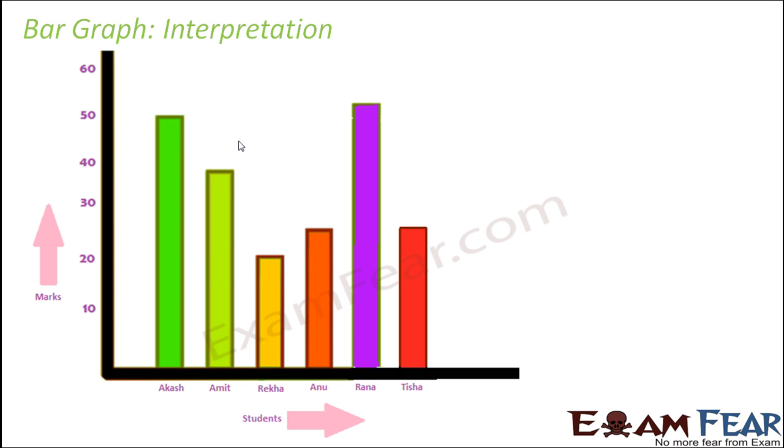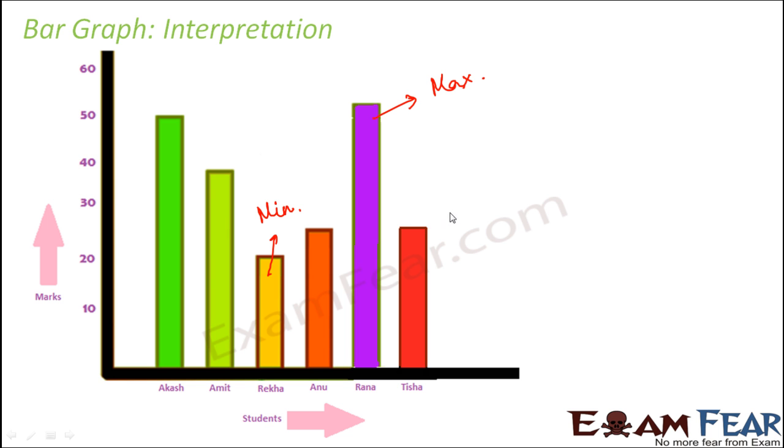Interpreting a bar graph is pretty simple. Let's say you are given this bar graph. Looking at this bar graph, if I ask you who scored maximum, just by looking at the height of the bar, you can tell that Rana scored maximum. If I ask you who scored minimum, the bar which has the least height, we can say that Rekha scored minimum.